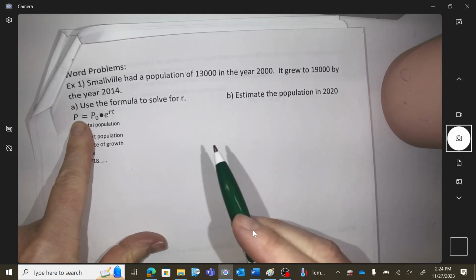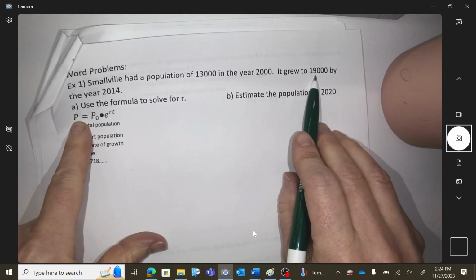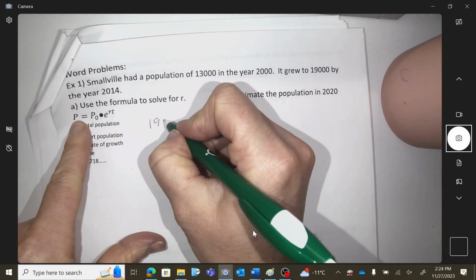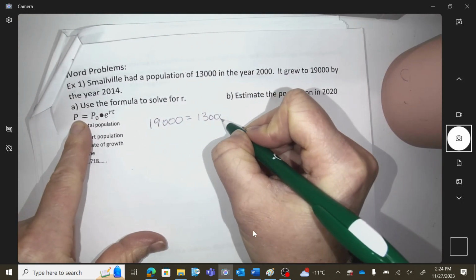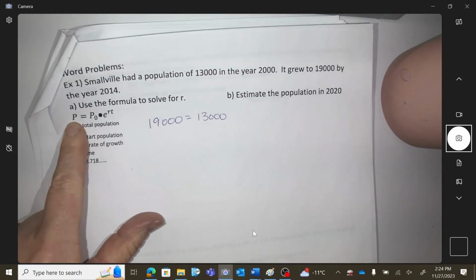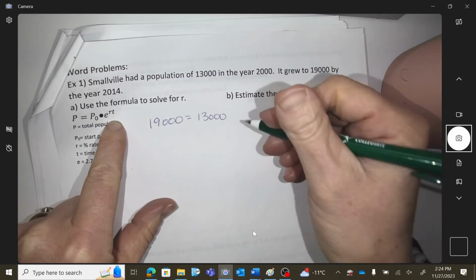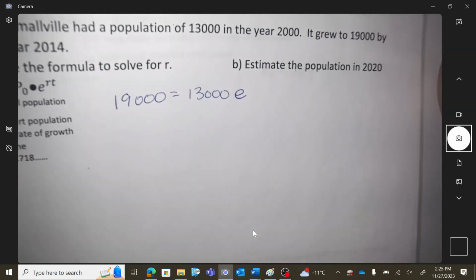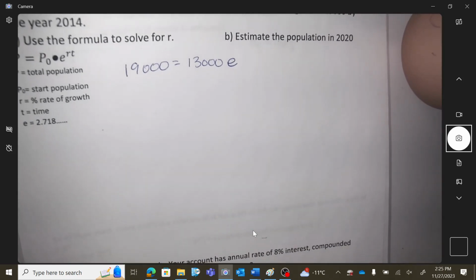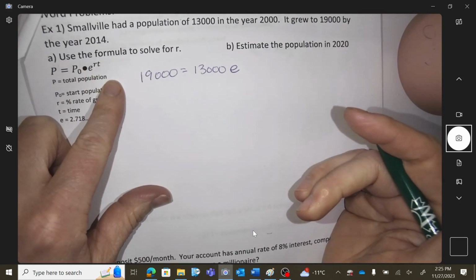So let's put in, the starting was this, and then it ended with this. So we're going to go 19,000 equals 13,000. The ending population, the starting population, times an E to the exponent R, which we don't know.